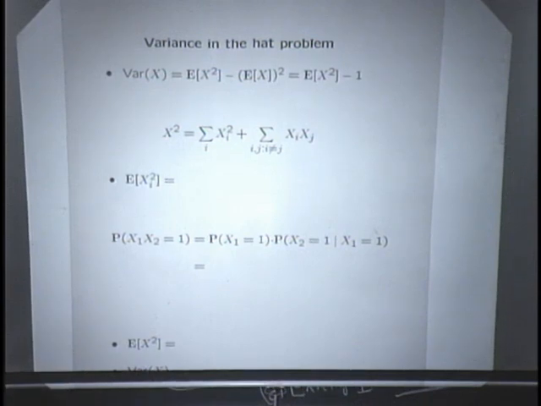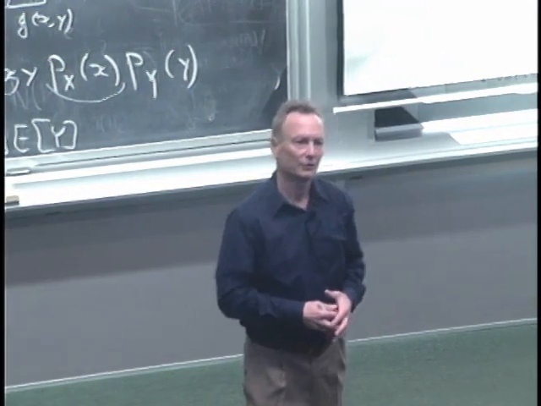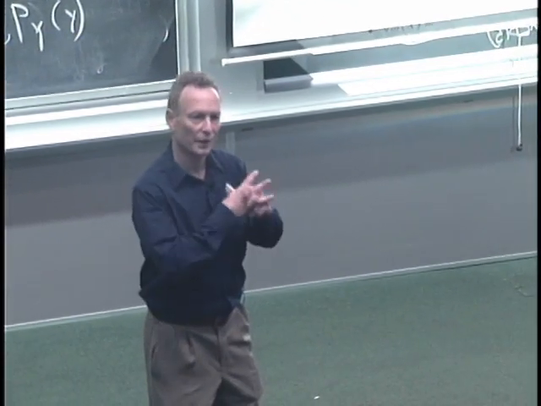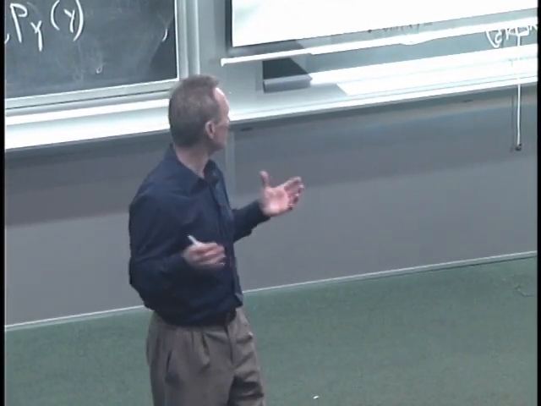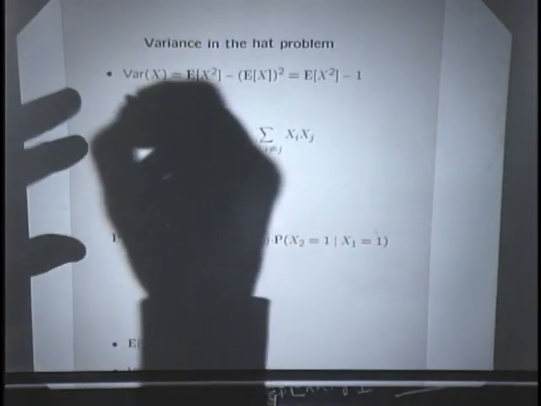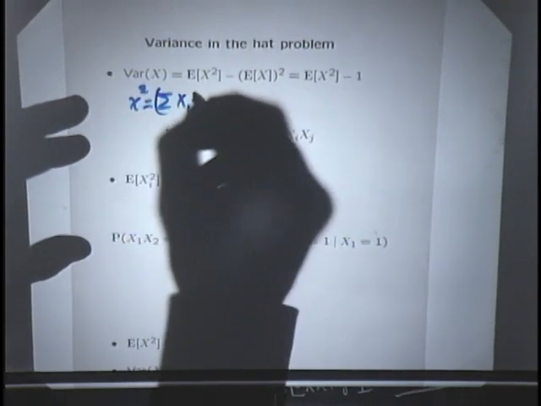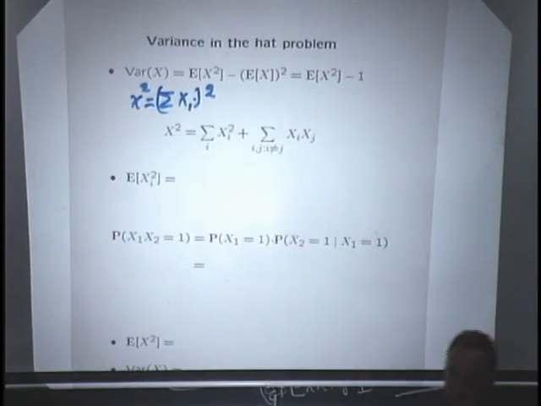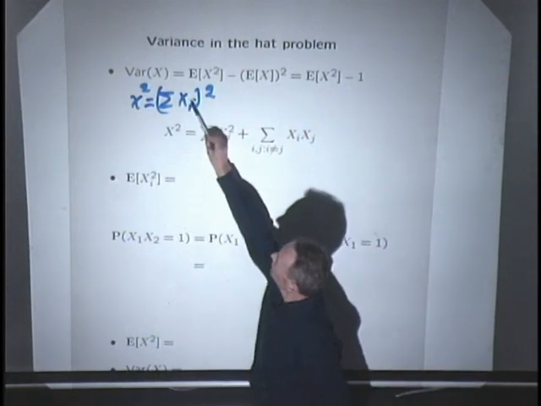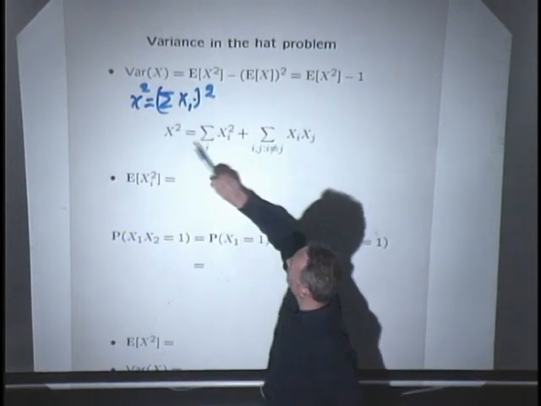So we're left with the task of calculating the expected value of x squared, the random variable x squared. Let's try to follow the same idea. Write this messy random variable x squared as a sum of hopefully simpler random variables. So x is the sum of the xi's. You square both sides of this, and then you expand the right-hand side. When you expand the right-hand side, you get the squares of the terms that appear here.